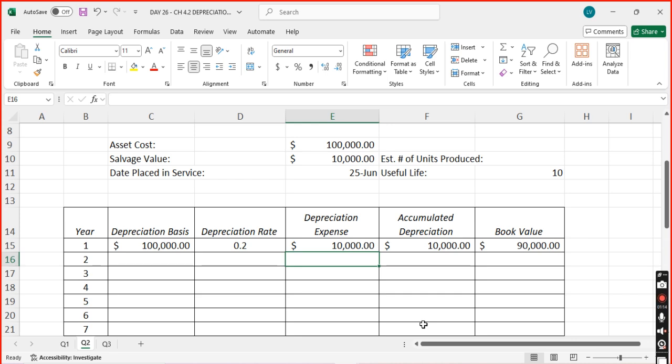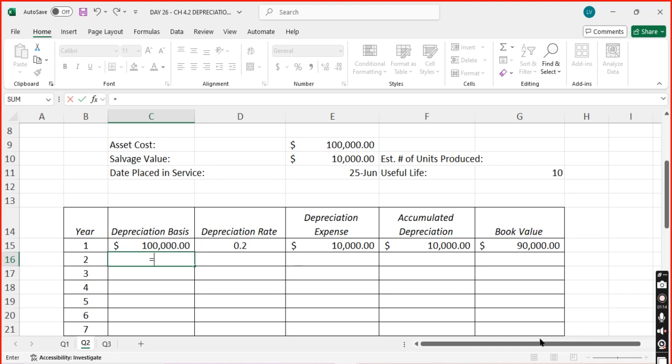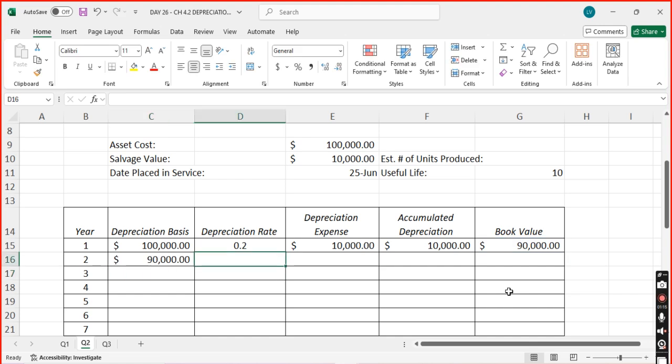Good. No problem. So let's continue on for the second year. So what is my second year's depreciation basis going to be? $90,000, because that's what your ending book value was for the first year. So again, what is my depreciation rate going to be?